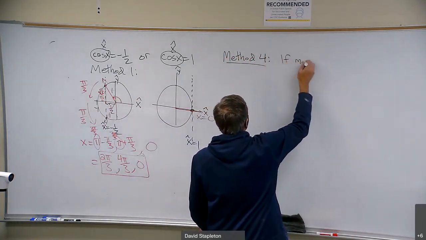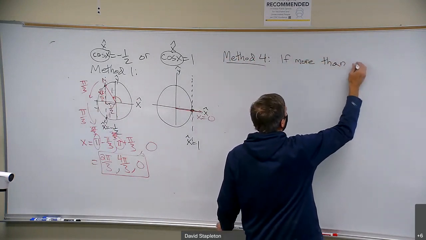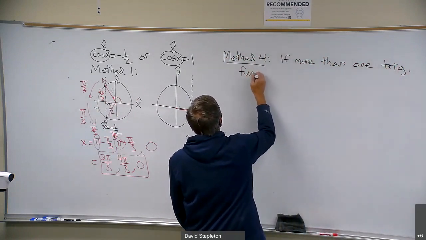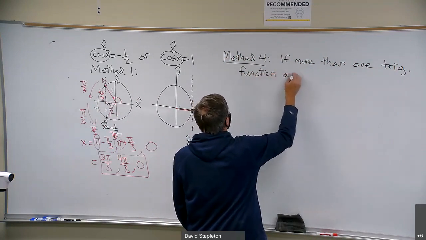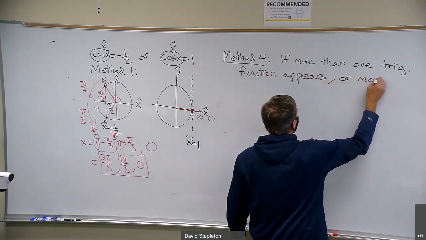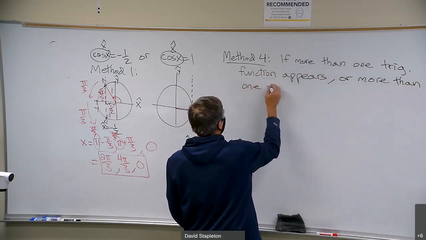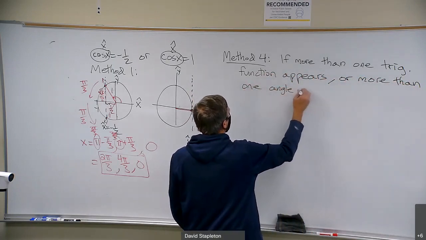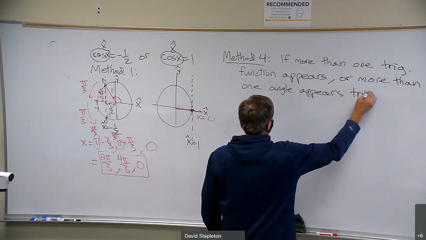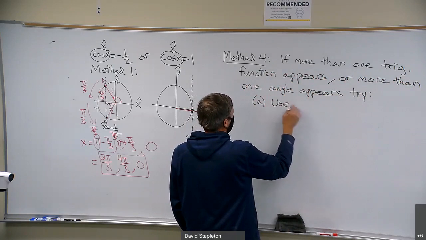If more than one trig function occurs, suppose there's a sine and a cosine in there, or if more than one angle, try, it doesn't always work, but the common ones you can solve are the ones where you can use a trig identity to reduce it to one trig function.